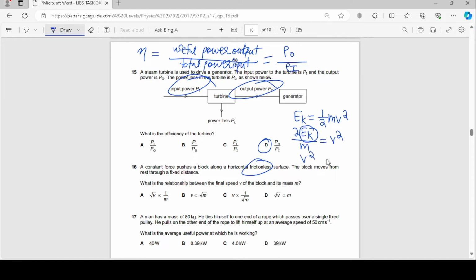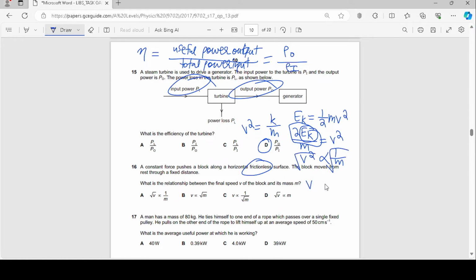Then we have that v squared is directly proportional to 1 over m, because I'm assuming this is just a constant. So v squared equals k over m, where I'm taking 2Ek as a constant. I don't see any v squared here, so I'm just going to square root both sides.